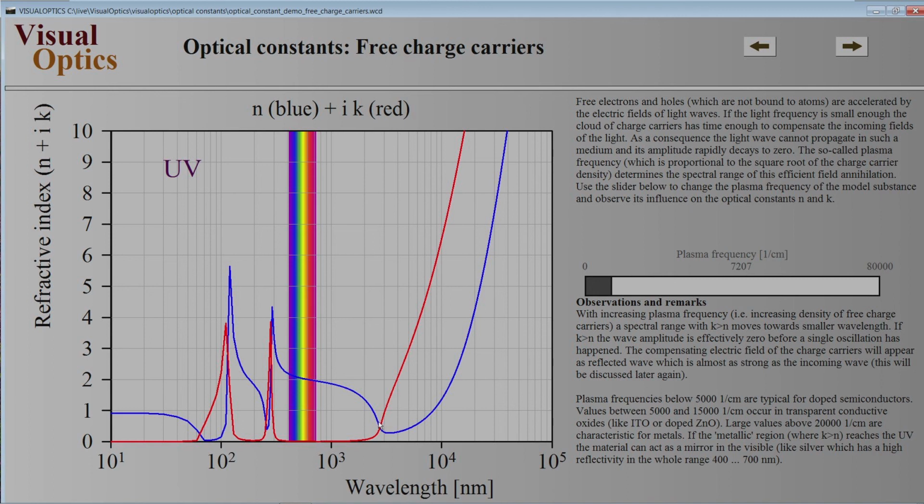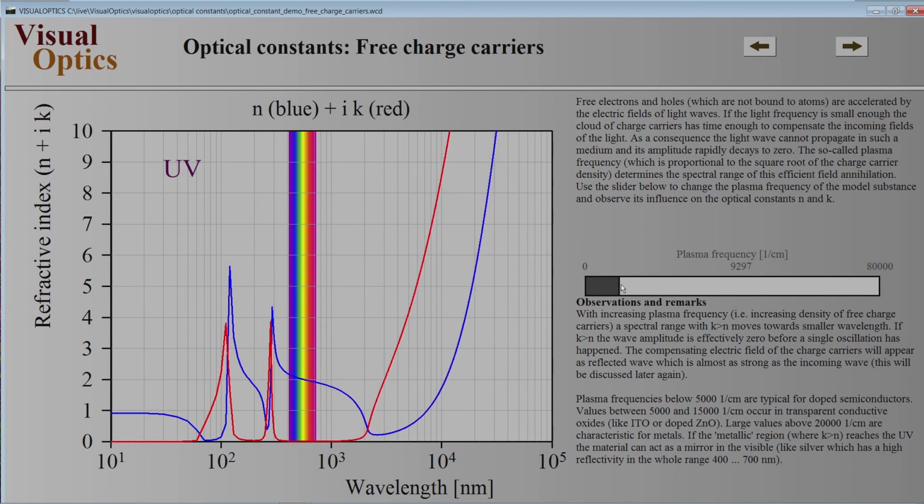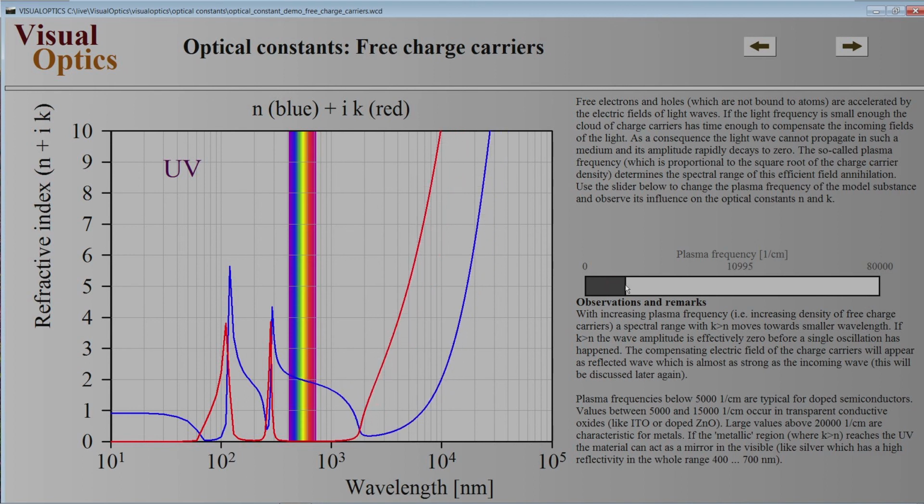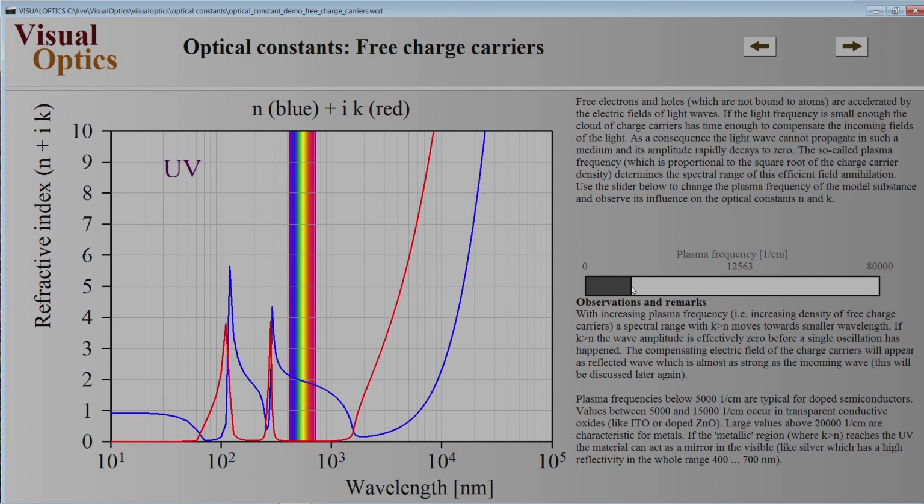This transition point moves towards the visible. If we dope more and more, and we have more and more charge carriers, this would be a typical situation for a highly doped semiconductor like a TCO, a transparent conductive oxide.